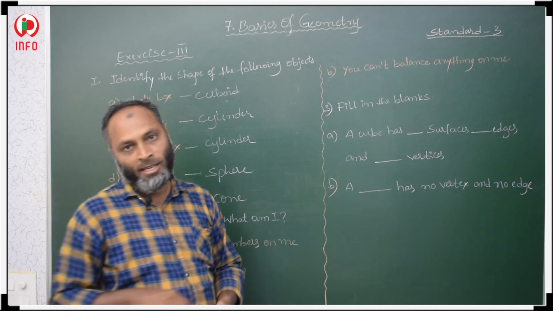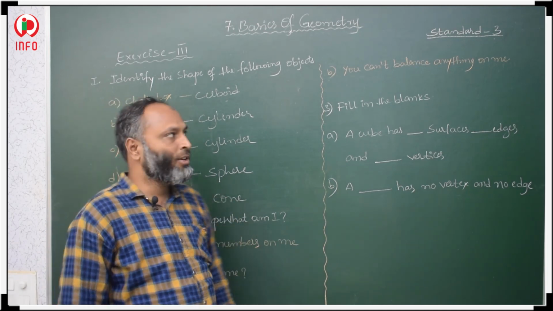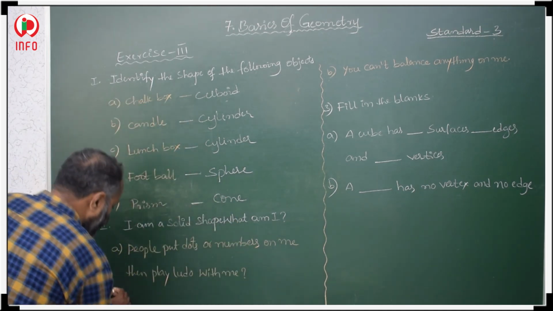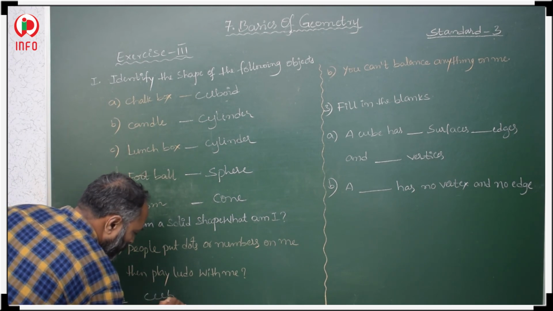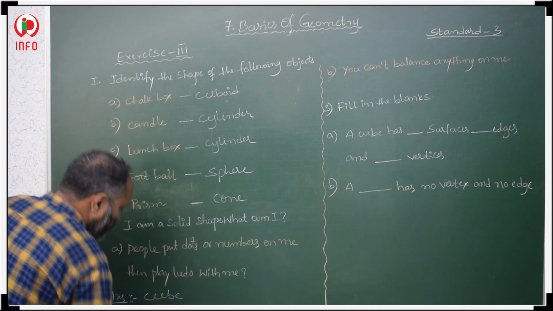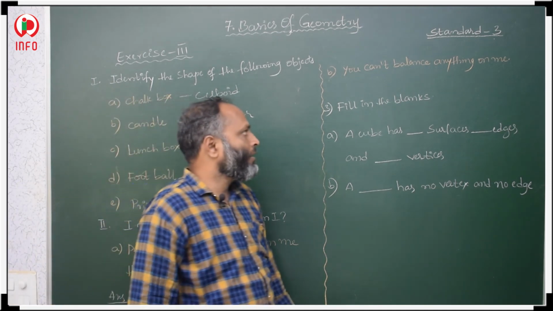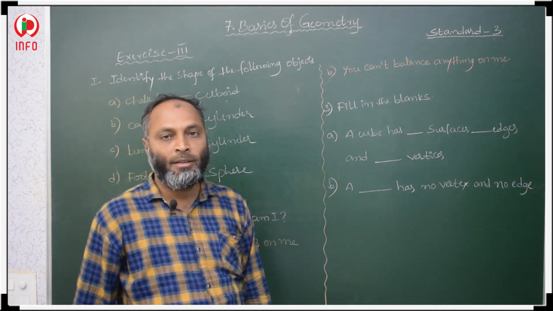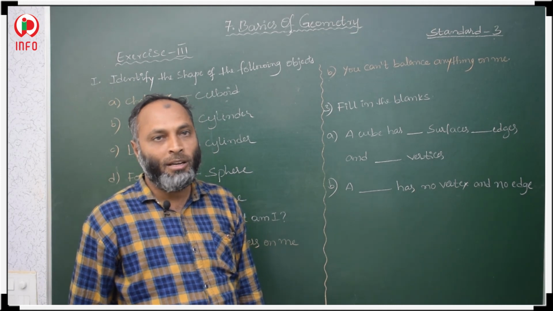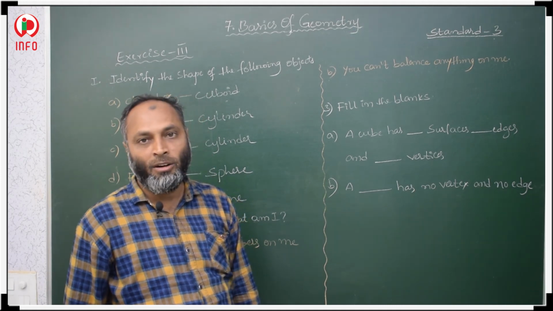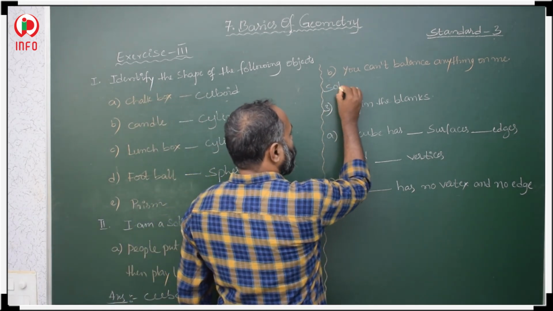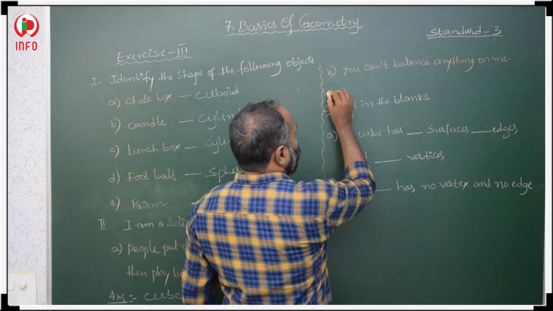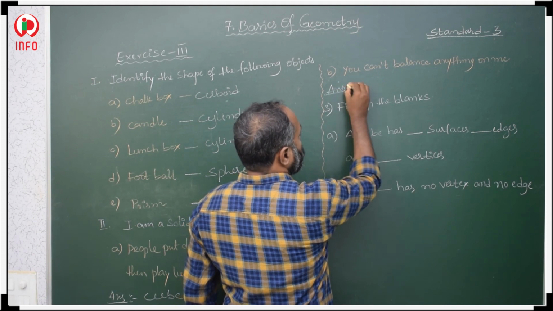A dice is in cube shape, so your answer is cube. The second one: you cannot balance anything on me. That is a sphere. The answer is sphere.